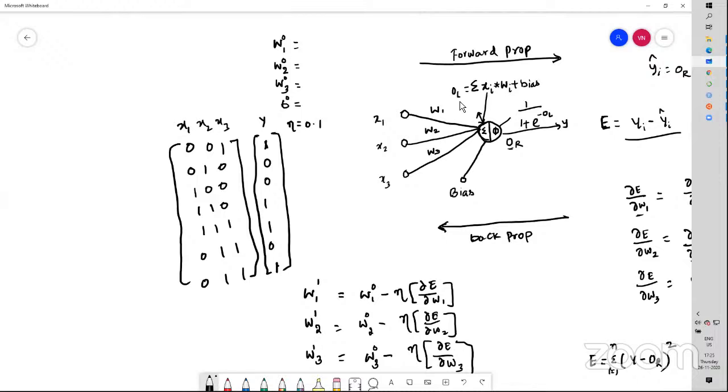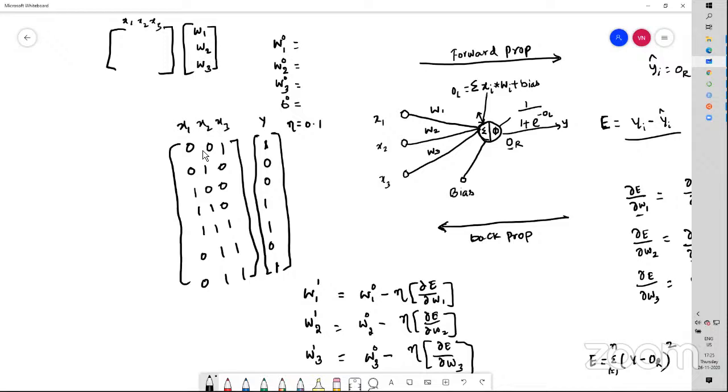Then in the forward computation, what will we do? We will multiply this matrix with X1, X2, X3 by the weights W1, W2, and W3.